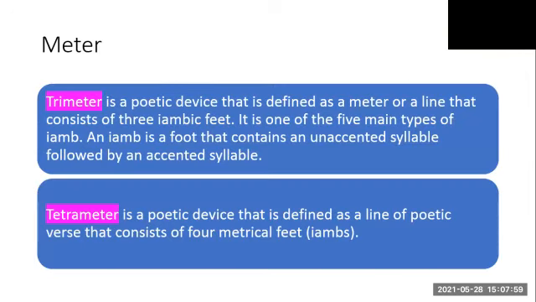What is trimeter and tetrameter? Trimeter is a poetic device that is defined as a meter or a line that consists of 3 iambic feet. Tri means 3 in Latin.